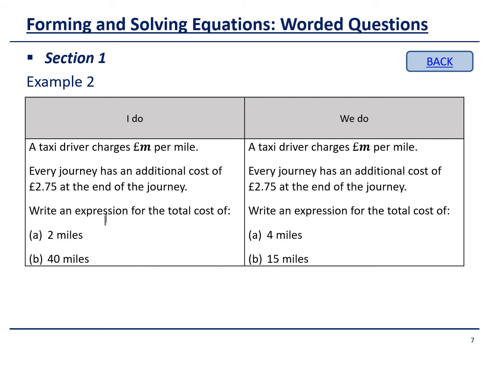Well, it's going to be 2m plus the end price of the taxi fare, £2.75. Okay, what about B then? 40 miles. Well, this time it would be 40m plus again £2.75.